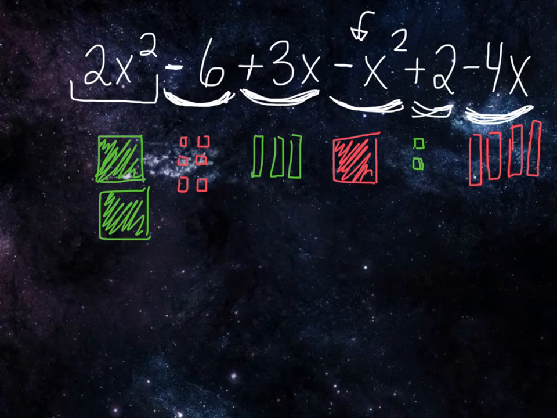Now comes the fun part. All we need to do is look at our drawings and cancel out things that are opposites of each other. We know we have a negative x squared over here, and we also have a positive x squared over here.